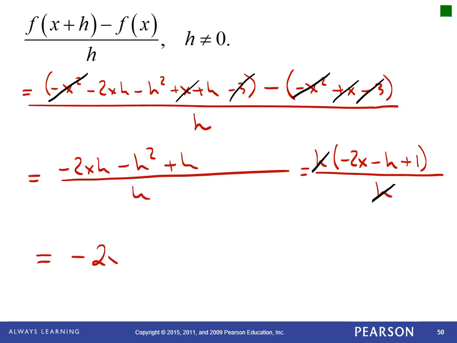In every single term, factoring out the h leaves us with negative 2x minus h plus 1. Still divided by h, but if you can factor out the h, you can also cancel the h out. When you do that, you get yourself negative 2x minus h plus 1.